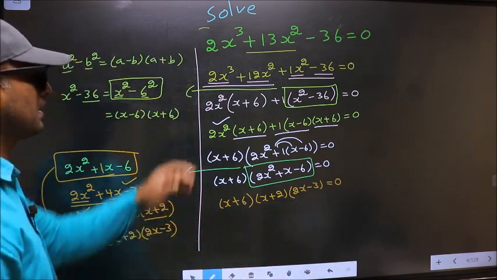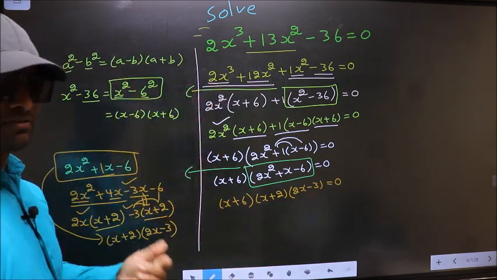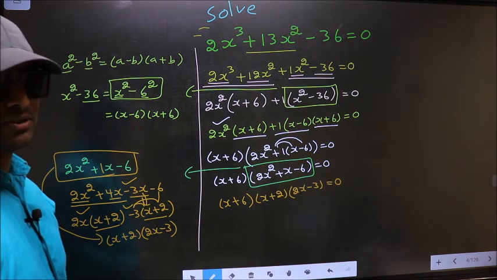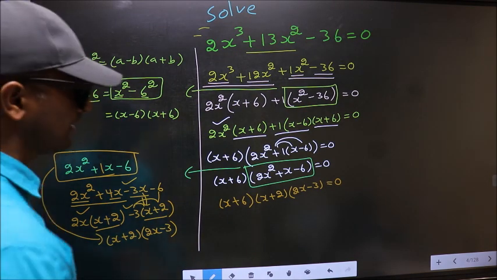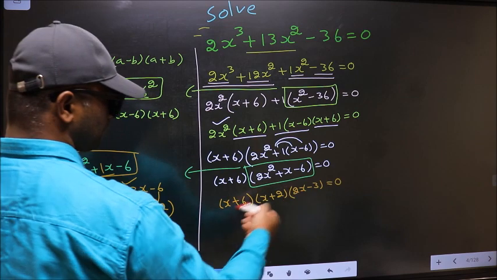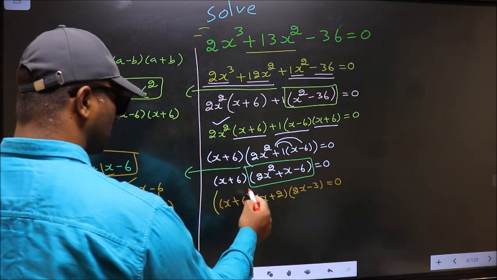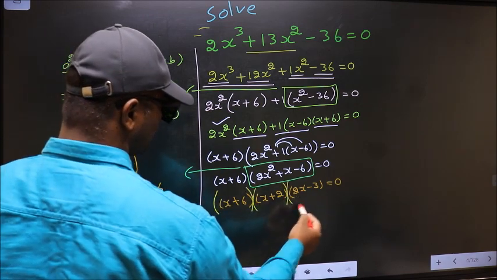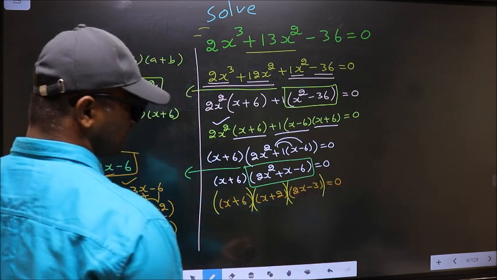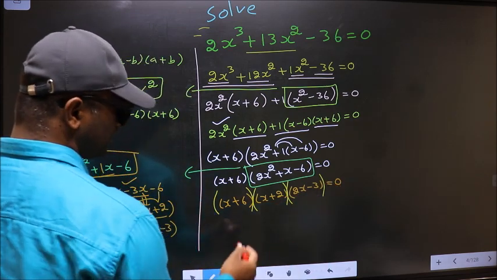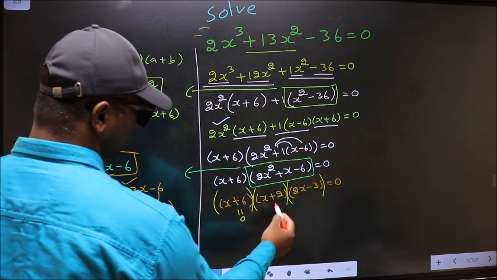They told us to solve, which means we should get the values of x, and over here we got product of brackets equal to 0. To get x values, we should equate each bracket to 0.